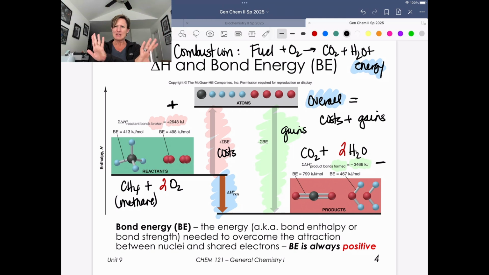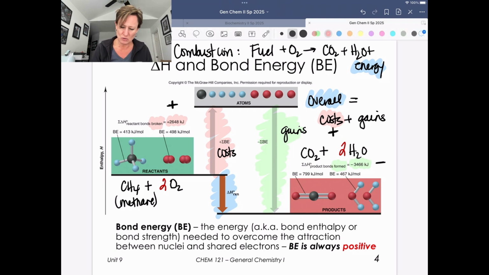If you're adding A and B, it's the same as adding B plus A. The same is not true for subtracting because you can get the sign wrong. A minus B is not the same as B minus A. So this is why I do it this way, so that we always make sure that the sign is right. We need to manually understand that anything that is a cost, I give a positive value to. Anything that is a gain, I give a negative sign to.